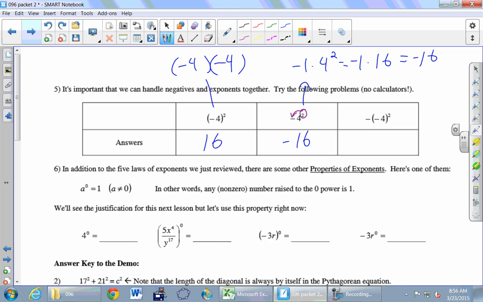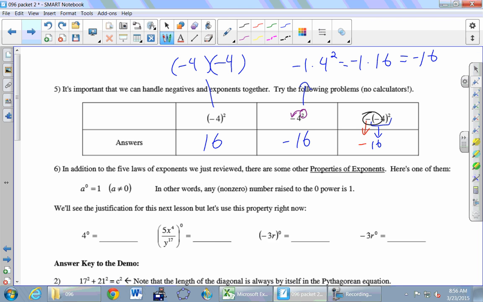Last one. So here, how much is this piece? We did that first, right? That piece is 16. So what's the answer to this problem? It's -16. Everybody see it? Which means it is not okay to see two negatives next to each other in this fashion and say, oh, they just cancel, right?